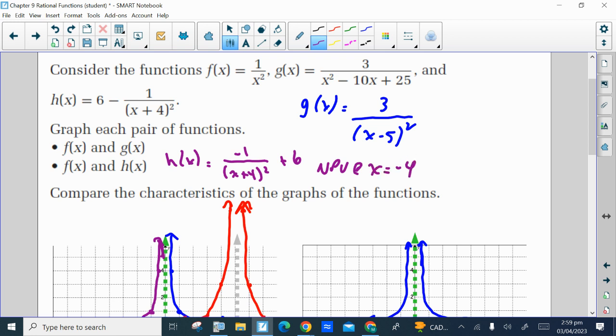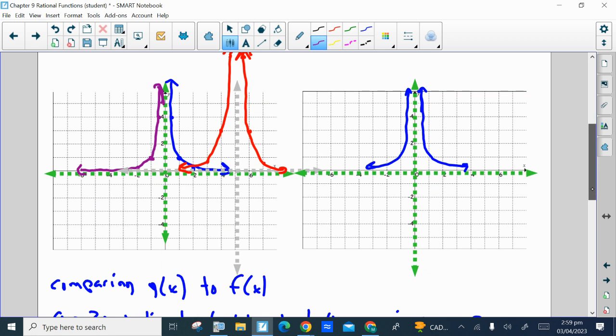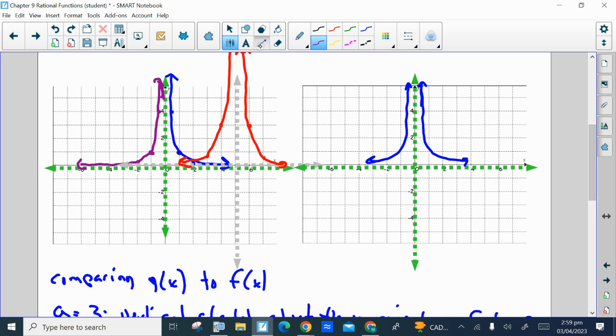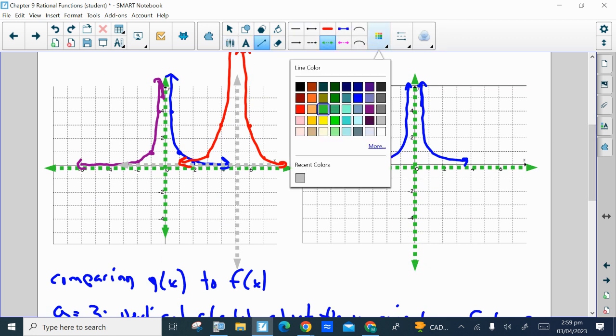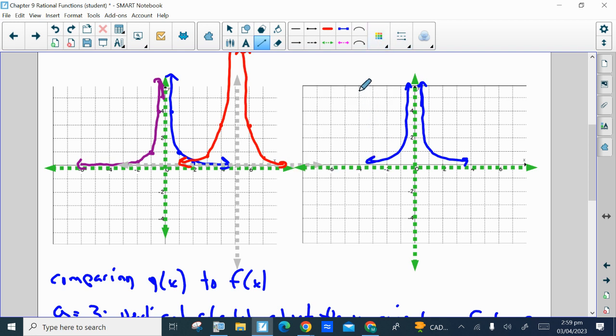So that will be our vertical asymptote. So again, we'll change the color here. And once again, y cannot equal 0 because the top numerator is a constant.